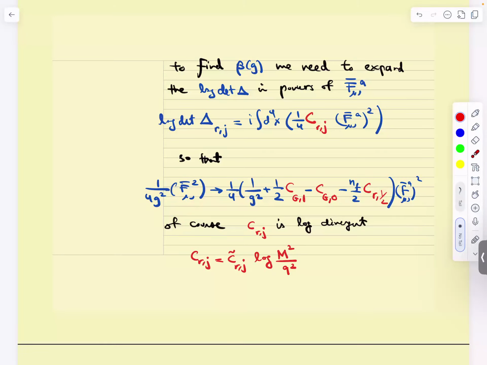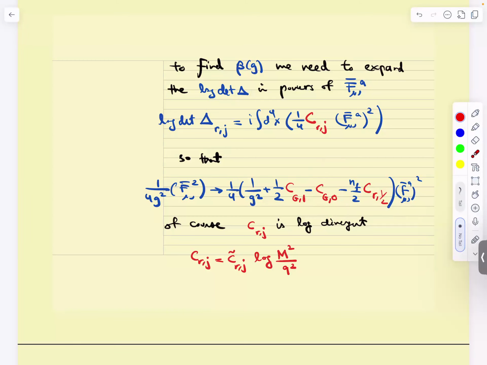So if the log determinant's coefficients C_R,J are defined this way, then the running of the coupling will be as follows. It would be 1 over g squared plus half C_G1. This is the contribution coming from the gauge boson, spin 1 in the adjoint representation, minus C_G0. C_G0 is the contribution of adjoint scalars, these are the ghost and anti-ghost.